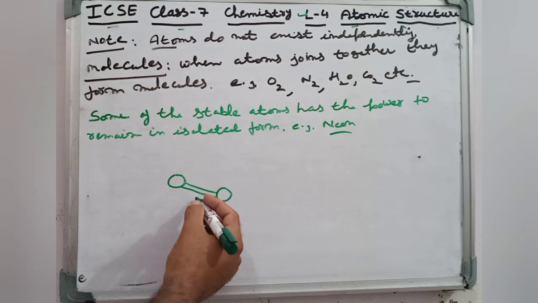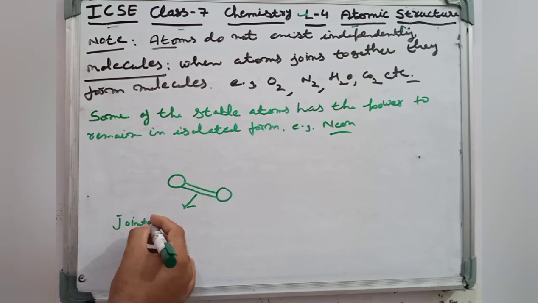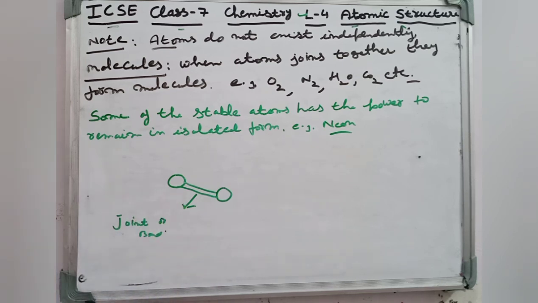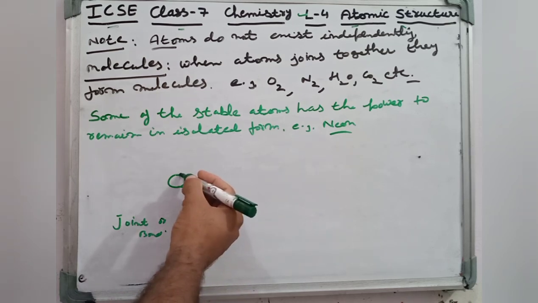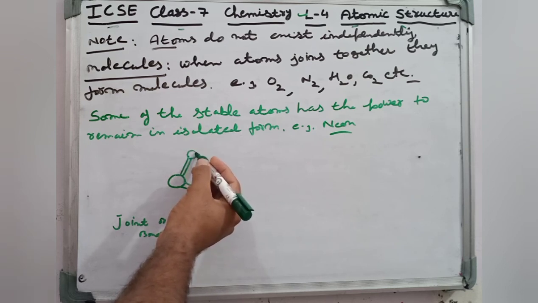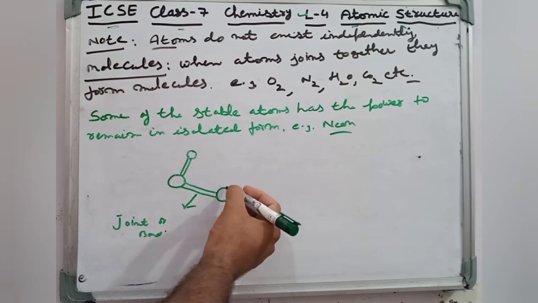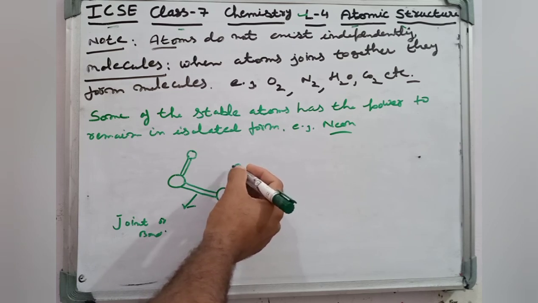These are called joint or bond. Now, if we join here, we draw a smaller circle. Join here, draw a smaller circle.